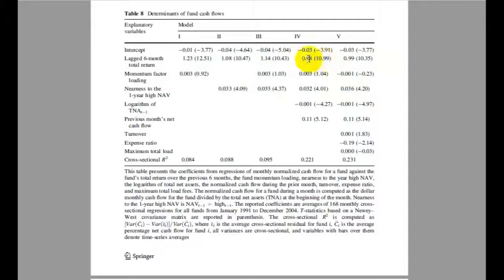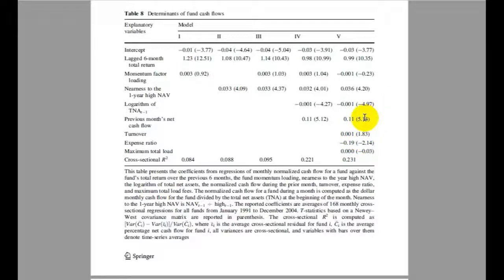And we also see that the lagged 6-month return and nearness to the 52-week high are still significant after we control for the size of the fund as well as the previous month's cash flow. And then getting over here to all of the factors, turnover, expense ratio, and the maximum total load do not explain the cash flows significantly.